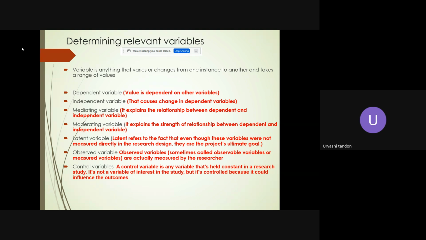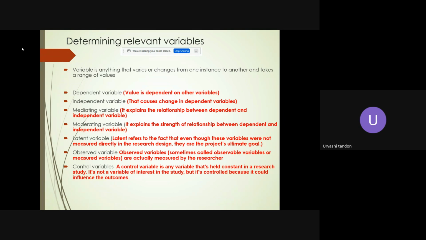If the indirect relationship is strong, that means it is a partial mediation. And if the direct relationship becomes insignificant after the entry of this mediating variable, that means it is full mediation. I'll give you an example also.